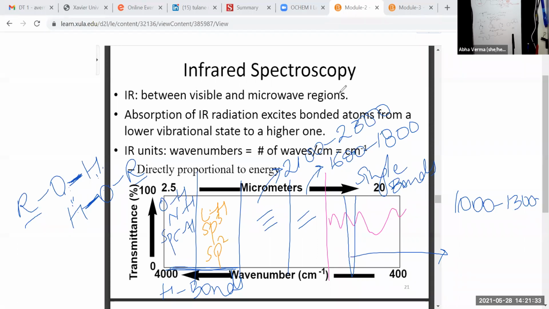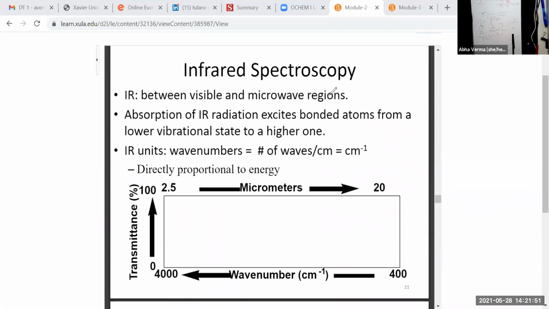If you think about IR spectra in general, this is what the IR spectra will have. This is where all the bond types will appear. On your spectra, you will see a peak. Let's say you see a peak here, and then a peak here, and there are many other peaks, and then you see a peak here.